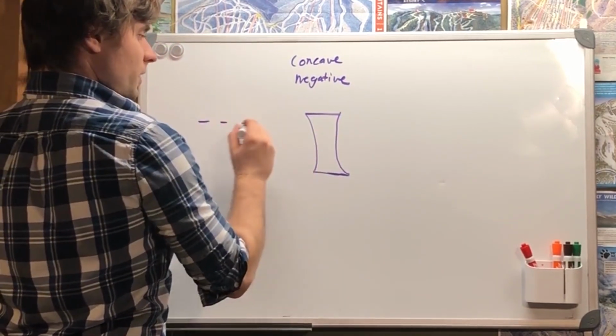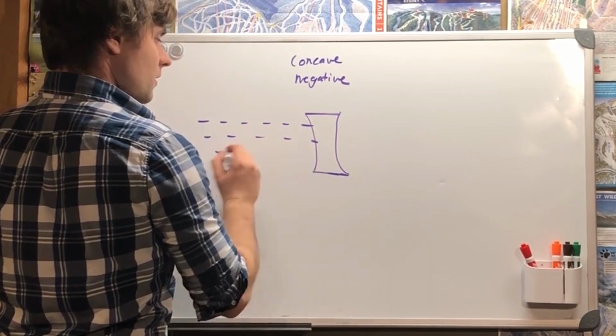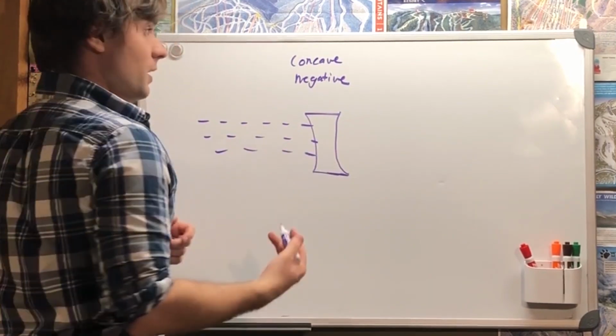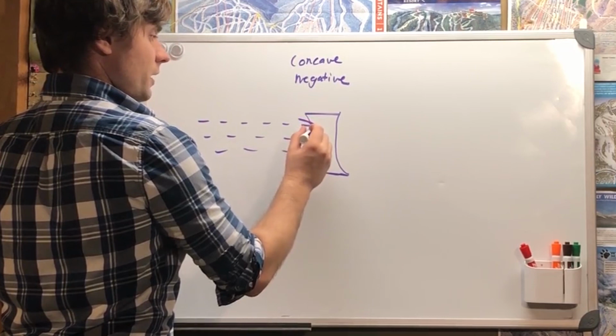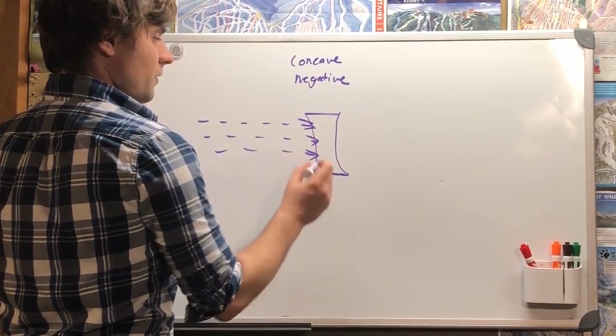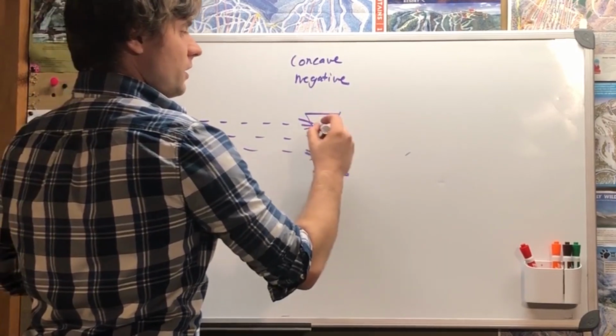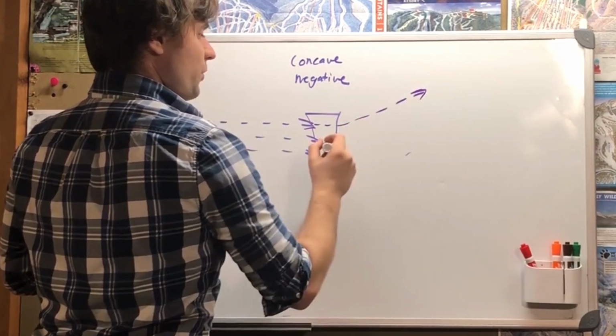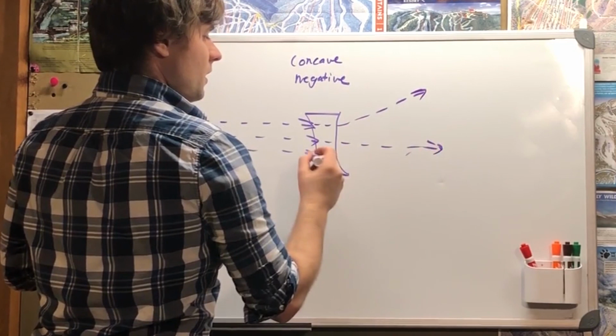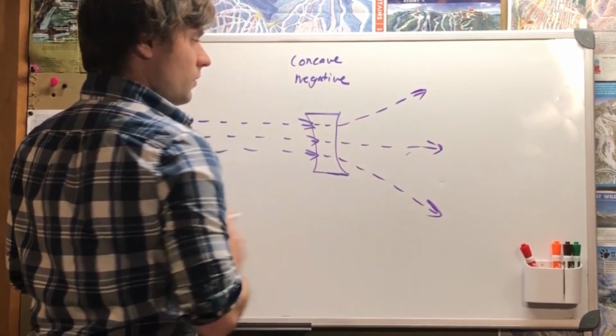And essentially, if you have light rays entering this concave lens, right, they enter like that, just like in the case of the convex. But instead of focusing at a single point, they're actually going to disperse the light, except if they go through the center.